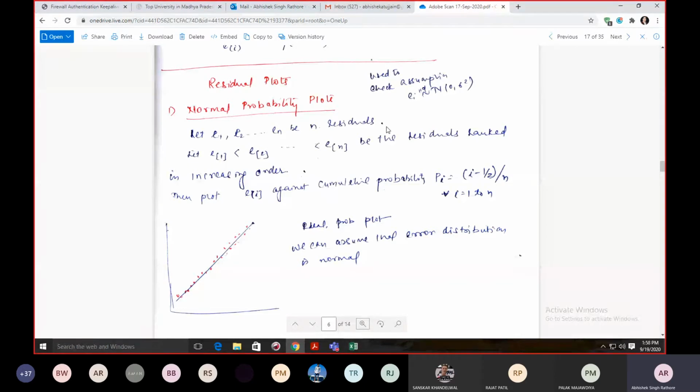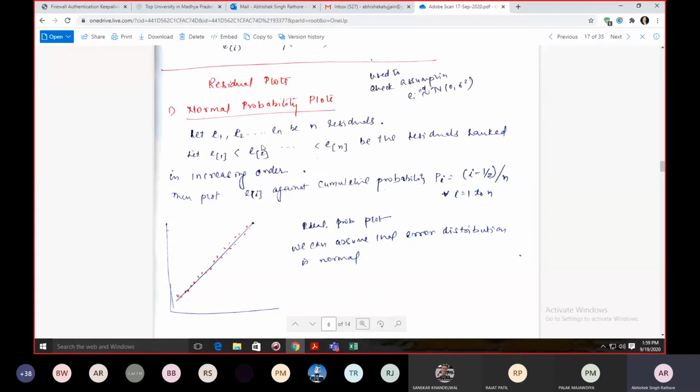So I just arrange all these residuals in their increasing order. Let's say this E2 has the smallest value, so it comes first. I'm putting a square bracket over here, so it signifies that this is the smallest value of residual, then another value and so on. So I'm just sorting the residuals in increasing order.